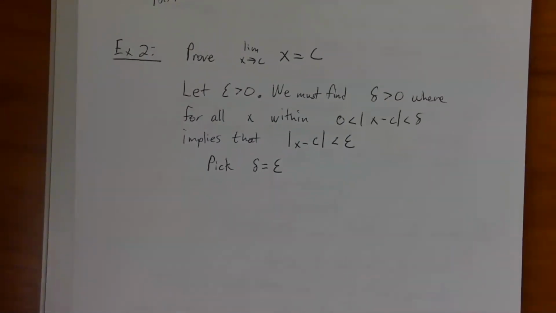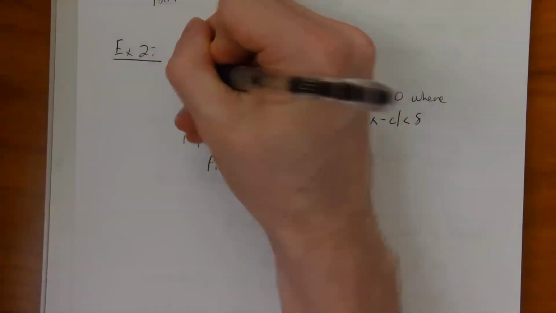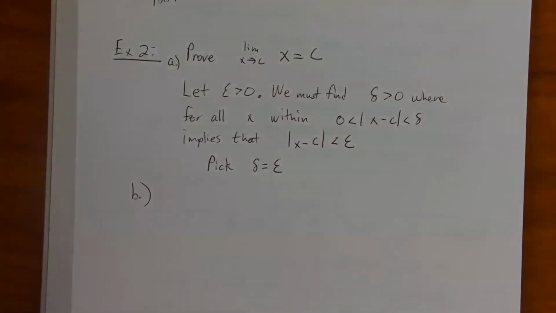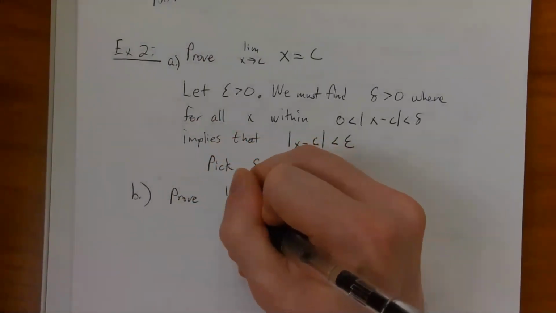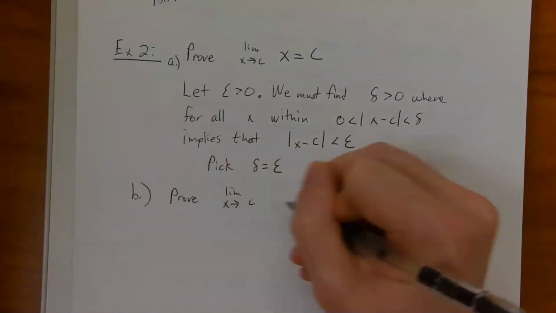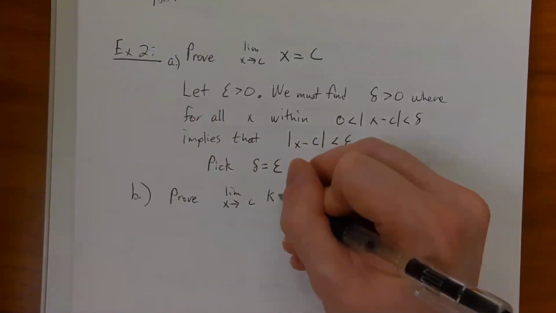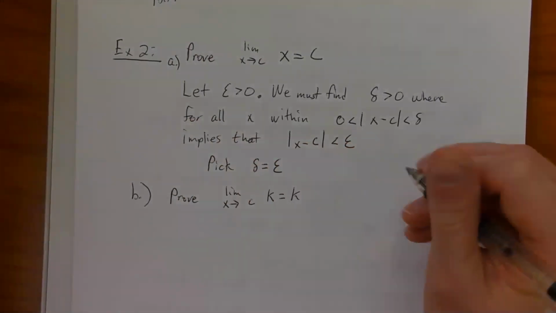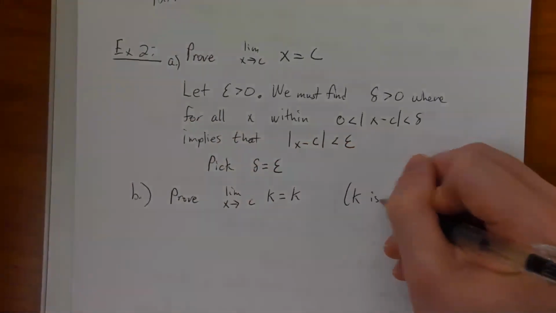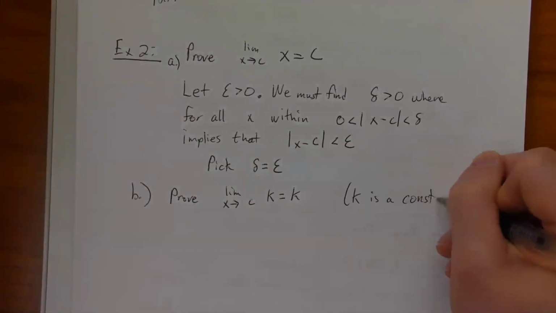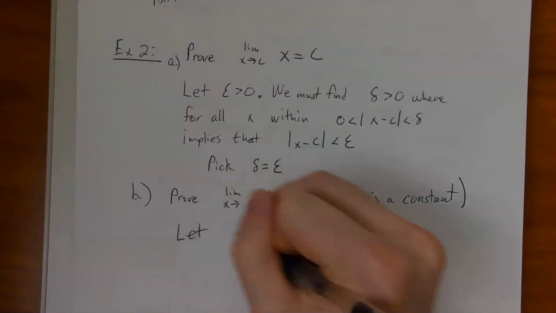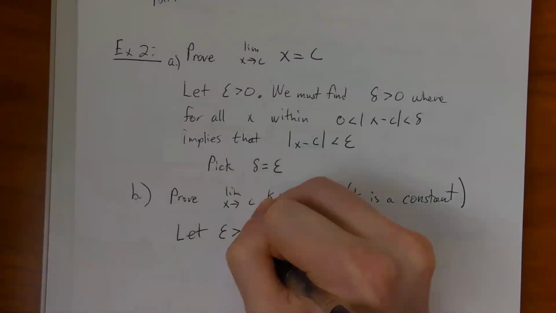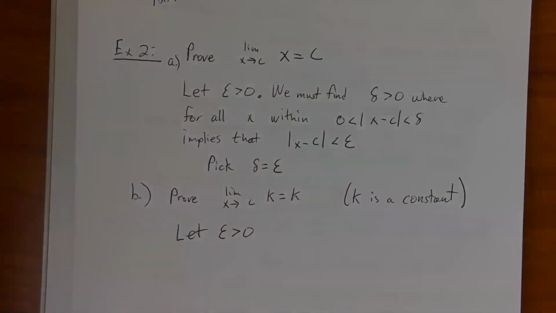Okay. This was actually part A of this example. We're going to do a part B. We're going to prove that the limit as x approaches c of the function k is equal to k, where k is some constant. So again, we start with the statement that we let epsilon be greater than 0.